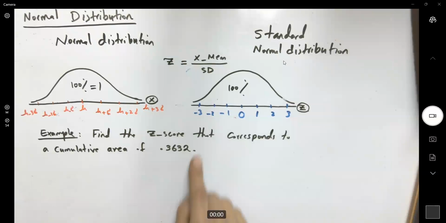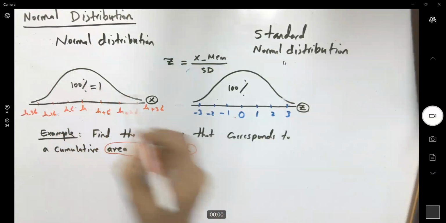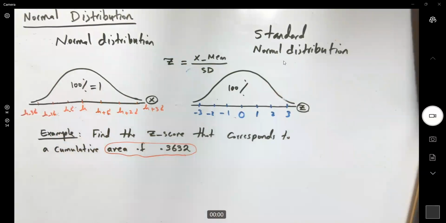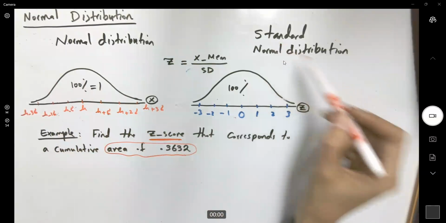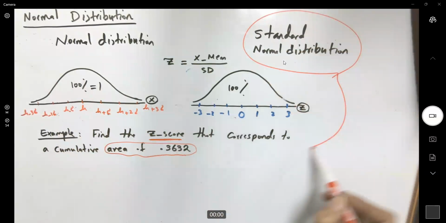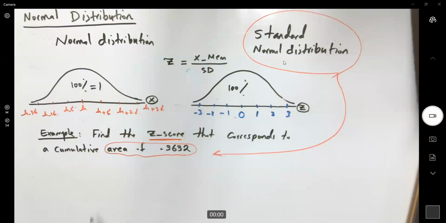Okay, guys. First, let us understand what's going on. What is this number? How do I visualize this number? We have area. This is my area. Area is below the graph. And the question says find z-score. It means that I'm dealing with the standard normal distribution. So let us take a look at the graph together.